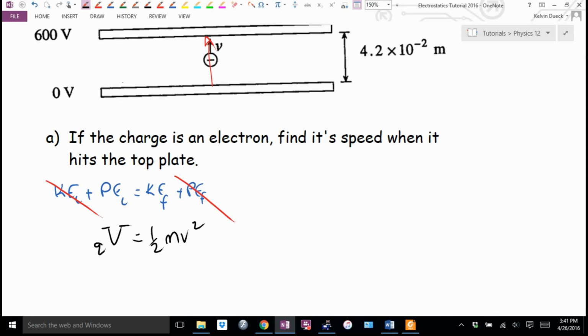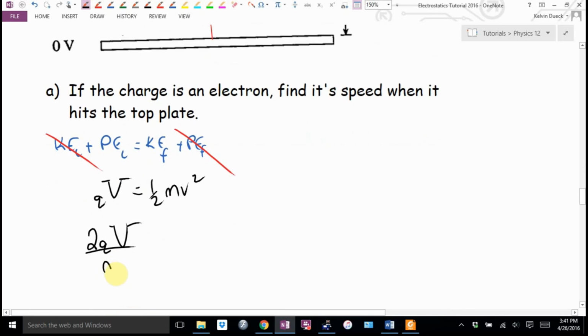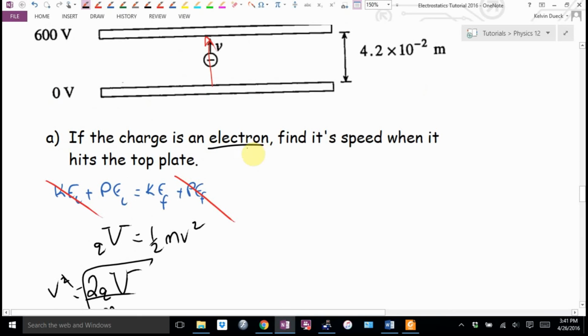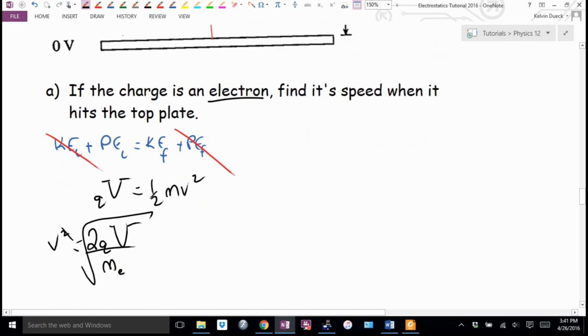This is why I've started going to the wings. Hey, you want the speed? It's going to be 2 times Q times V divided by the mass. How do I get rid of a squared? Square rooted. Which mass? It's an electron. 9.11 times 10 to the negative 31. Which charge?